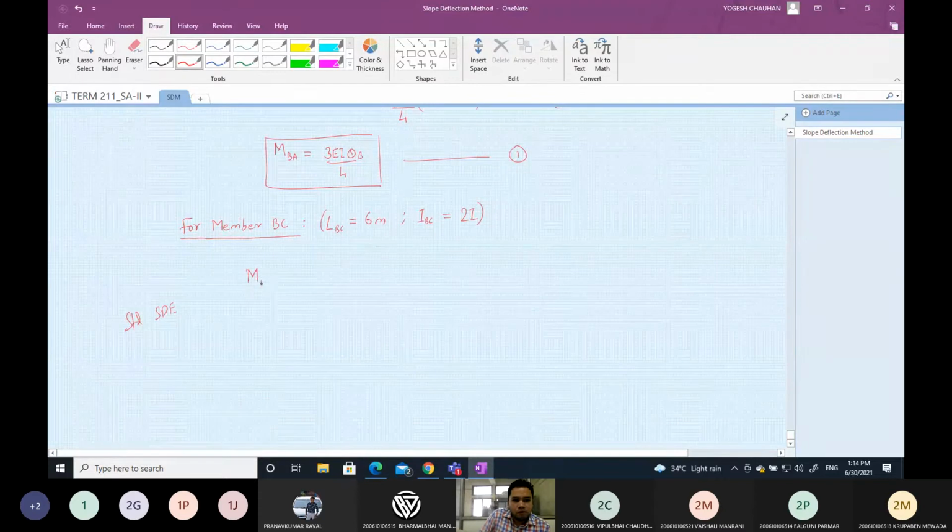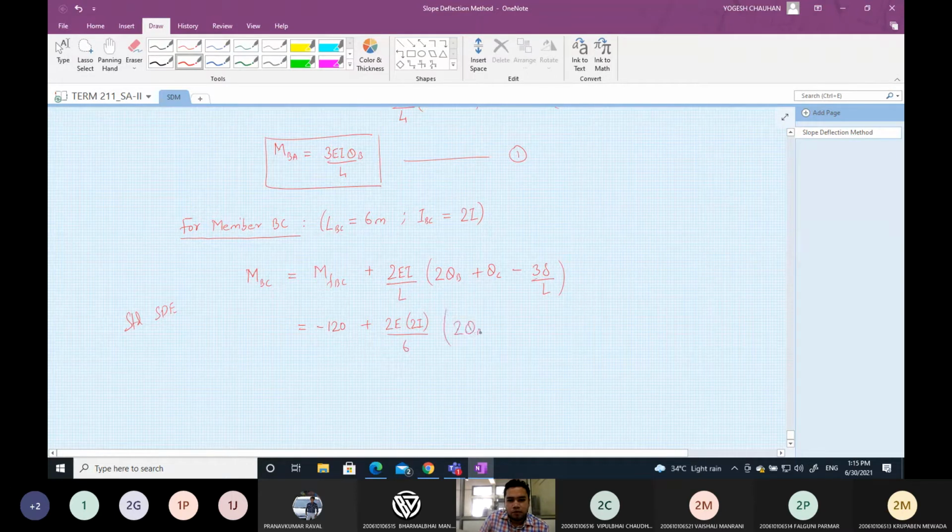So your MBC will be equal to MFBC plus 2EI by L into 2 theta B plus theta C minus 3 delta by L. So MFBC is minus 120 plus 2E, I is 2I for this member and length is 6 meter, into 2 theta B. Now theta C will be 0 and delta for this segment is also 0.